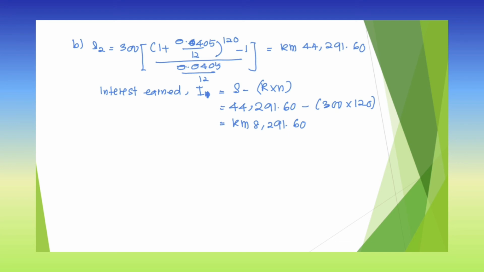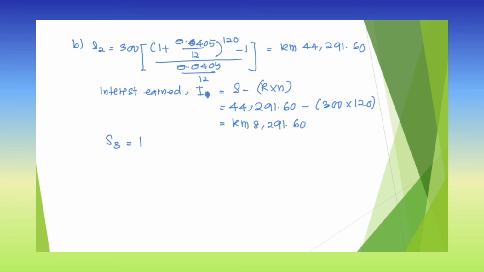6 years ago, Alia deposited 30,000. So now the amount is 37,556 and 50 cents. But after 10 years, let's say the amount accumulated is S3.